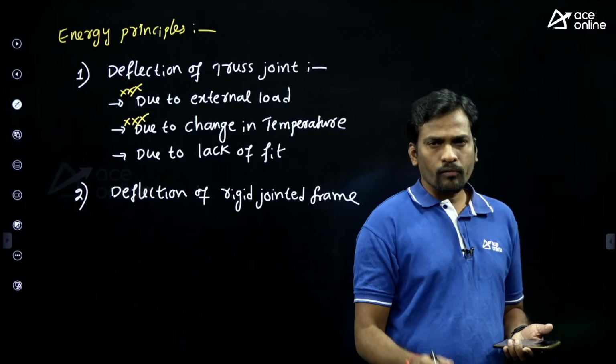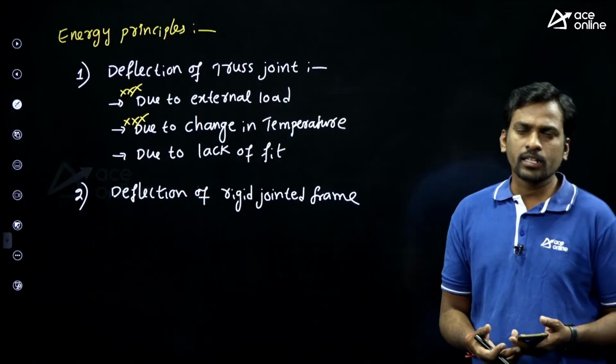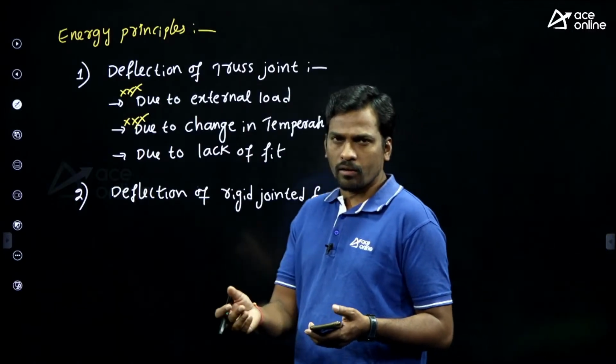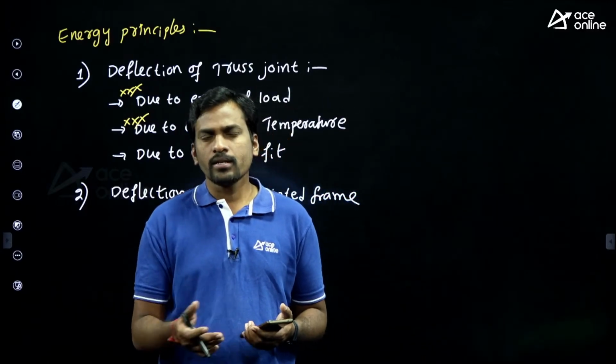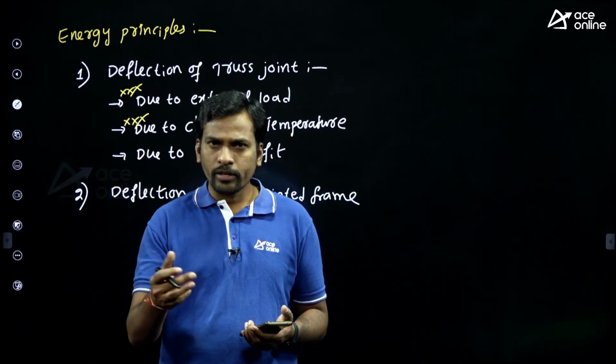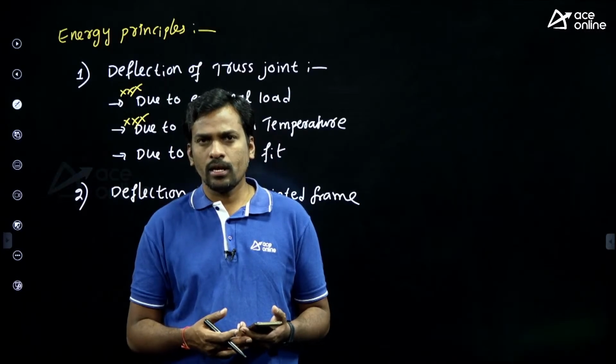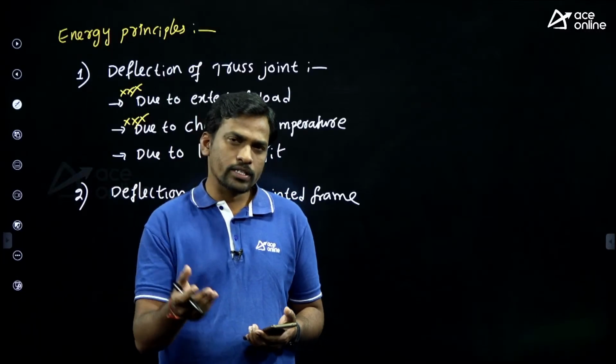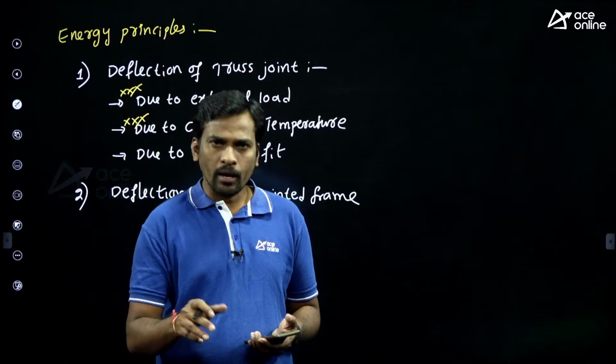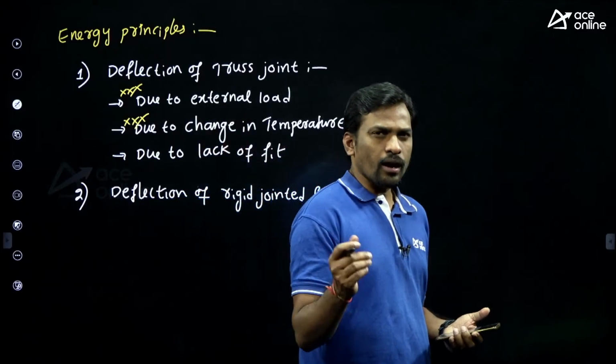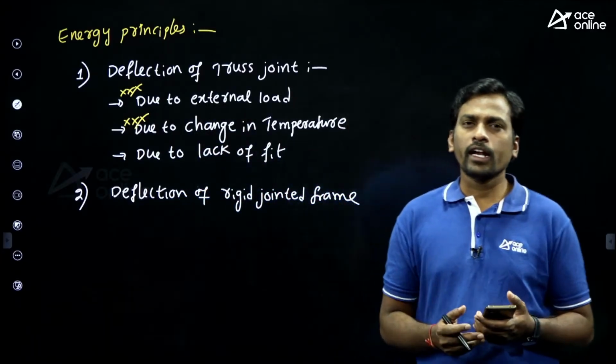One is finding absolute deflection, that is nothing but horizontal deflection or vertical deflection. Second one, relative displacements of two joints, and third one is rotation of member. Okay, so I am expecting finding horizontal deflection or vertical deflection.